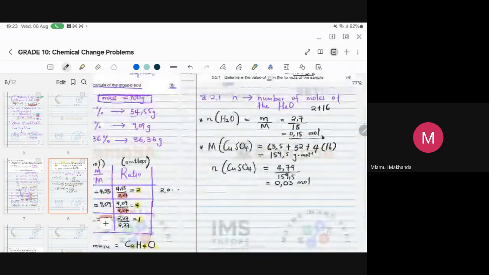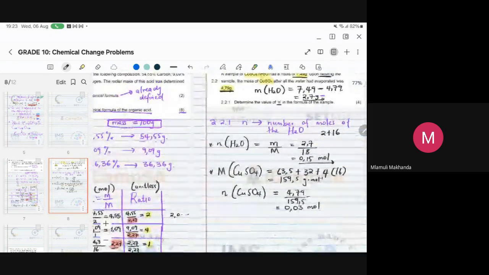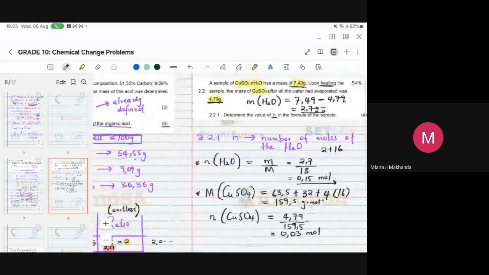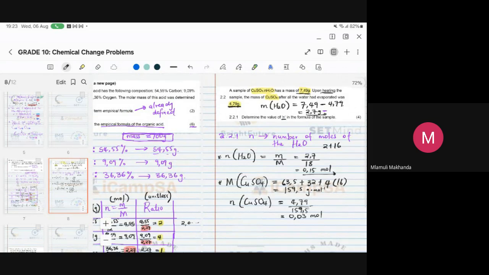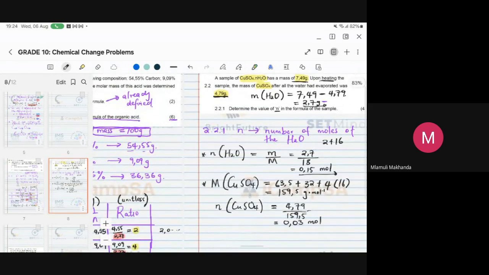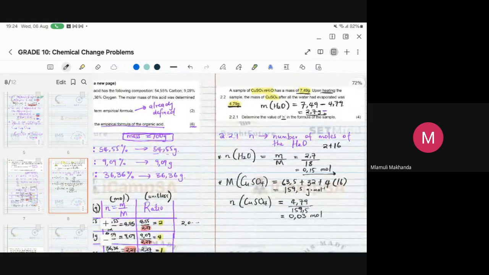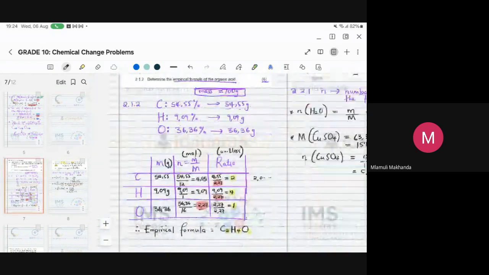Right. So now what we want to understand is the ratio of the moles of water to the moles of copper sulfate, because that is how these two, if you can call them substances or compounds, are actually bonded together. They bond in ratios, the same way we were doing here.